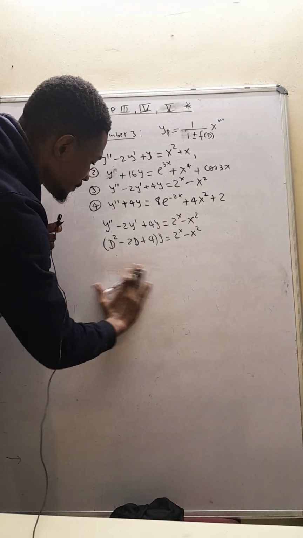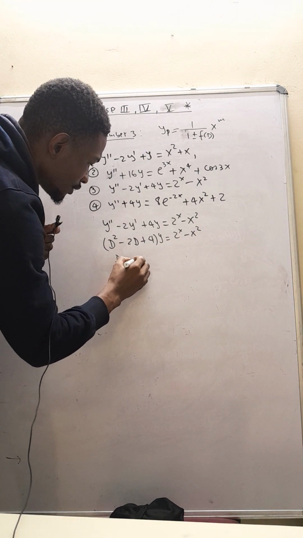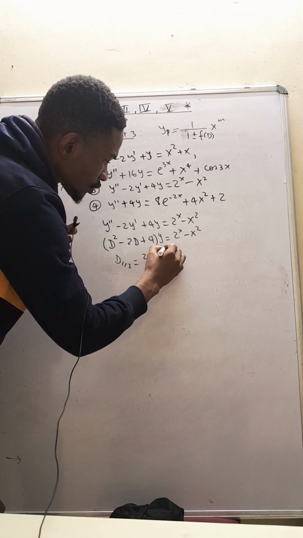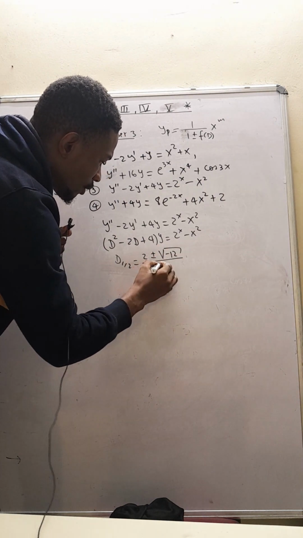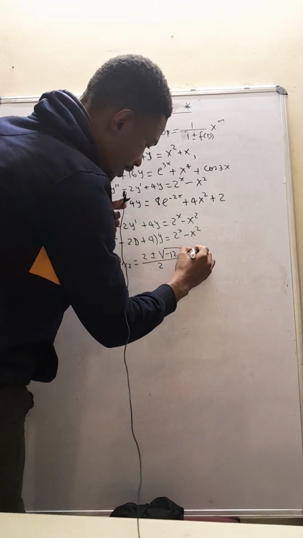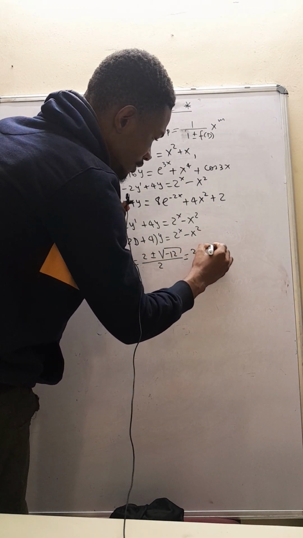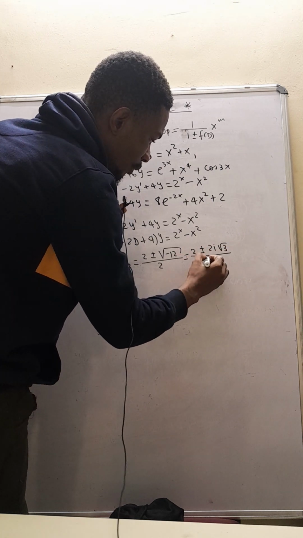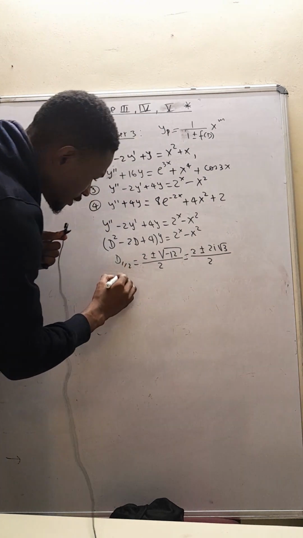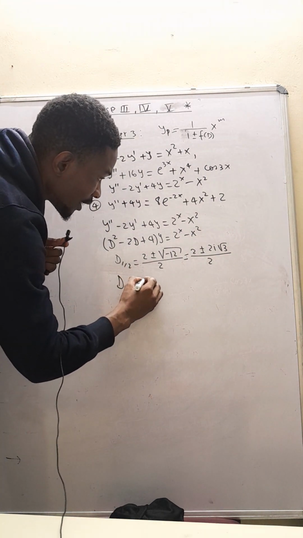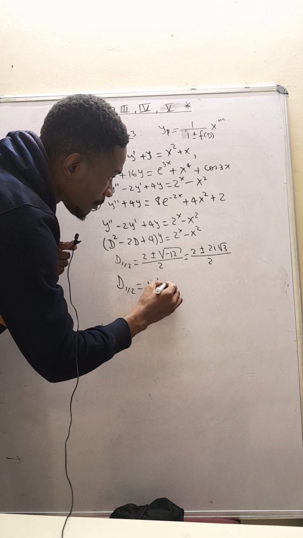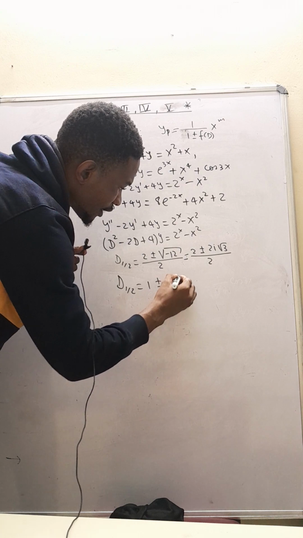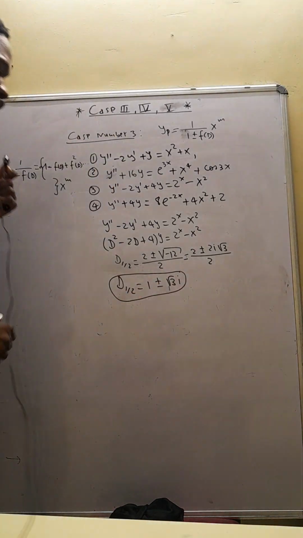So it means that d1 and 2 will be minus of minus 2, positive, plus or minus root of minus 12, all upon 2. This one will be equal to 2 plus or minus 2i root of 3 all upon 2. 2 can be cancelled out, so d1 and 2 will be 1 plus or minus root of 3i. Okay, this is my imaginary root.